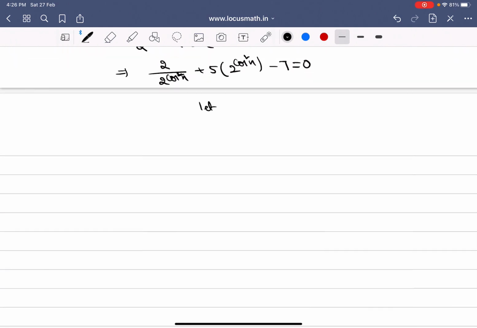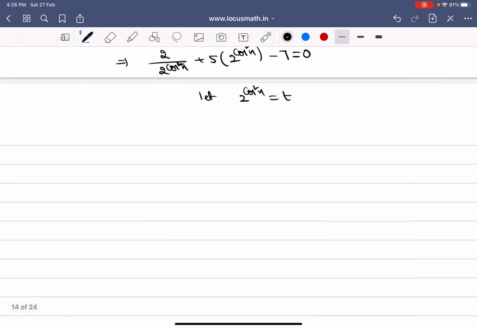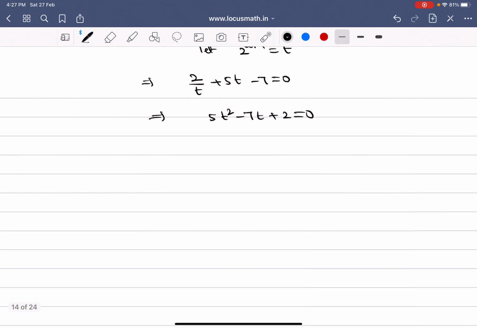Let 2 power cos square x is equal to t. With the substitution the equation becomes 2 by t plus 5t minus 7 is equal to 0. That implies 5t square minus 7t plus 2 is equal to 0. If we factorize it, 5t square minus 5t minus 2t plus 2 is equal to 0.